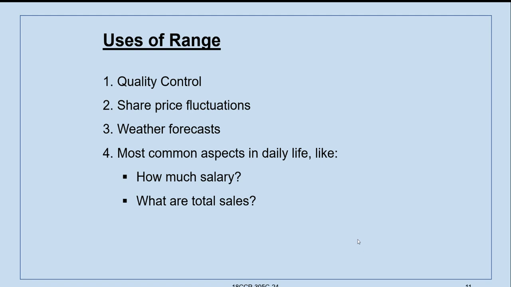We will compare these: how much salary, minimum and maximum, what are total salaries, total sales, how many oranges you get from a plant. So here we will be talking about lowest value, highest value, or average. Only these three we will normally be speaking about. So when we talk of highest value and lowest value, we are talking about the range.